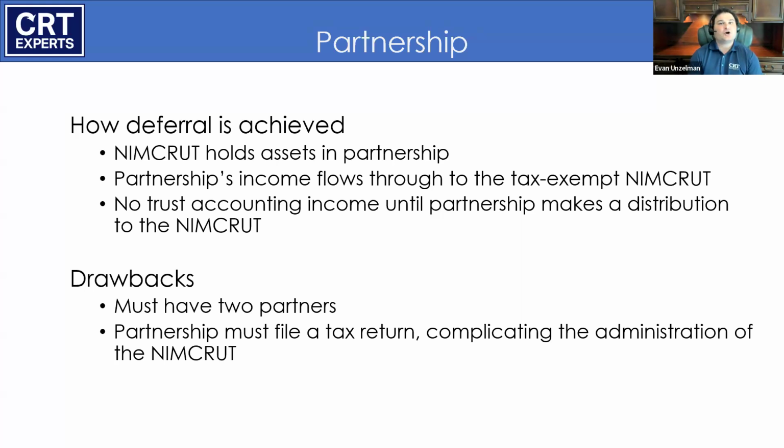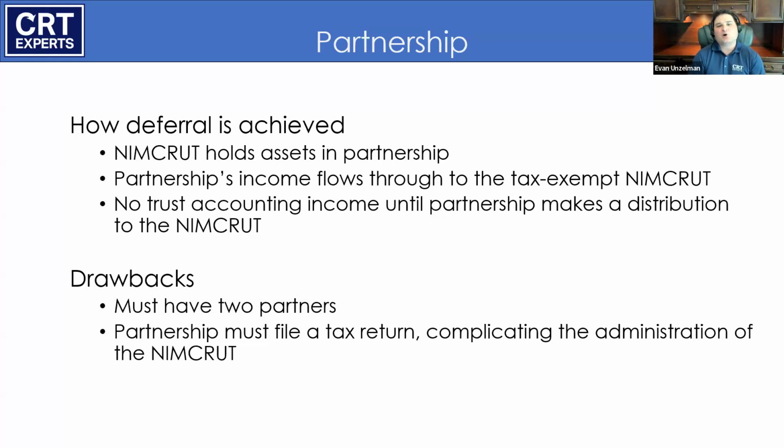So there's no tax owed. It is tracked on the CRT's tax return, the 5227, in the accounting tiers, but of course the key is we're not triggering trust accounting income. So the NIMCRUT works well. It gets us around the ordinary income drawback with the annuity.